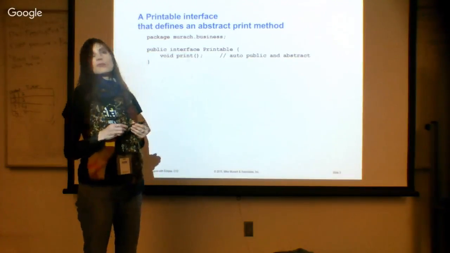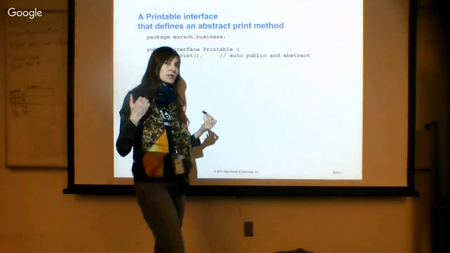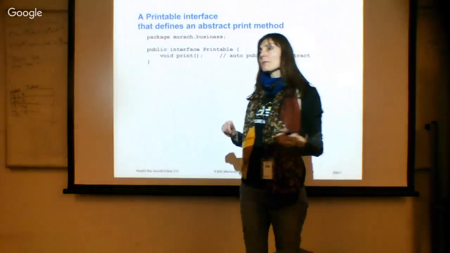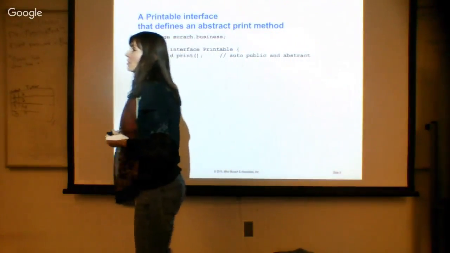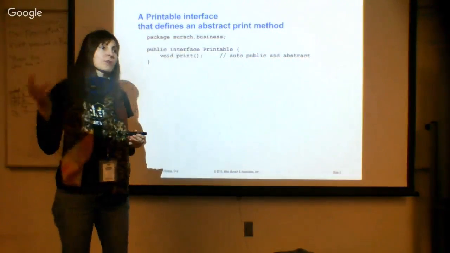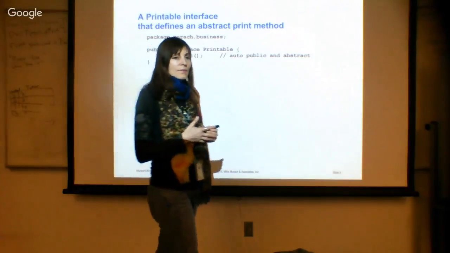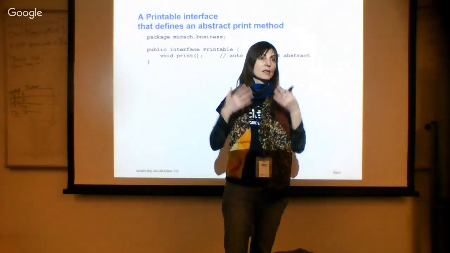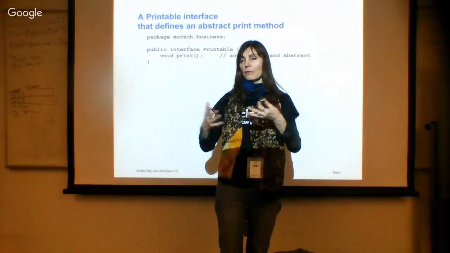So what is the kind of situation where it would make sense to do this, and why would you do something like that? Well, if you work in a company where you have products, you have employees, you have customers, they all need to print. They won't be printing the same thing necessarily, but they all need to have a print method.